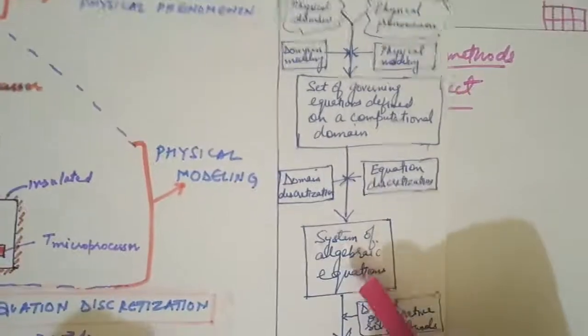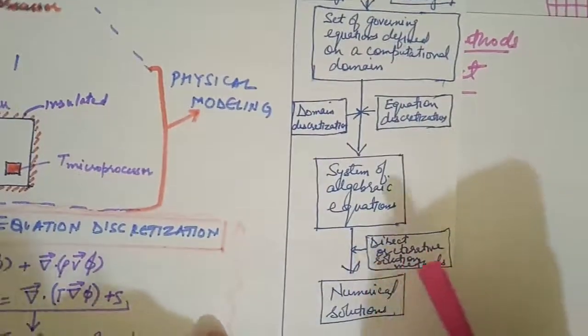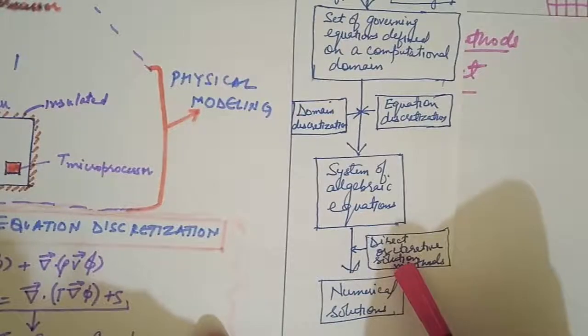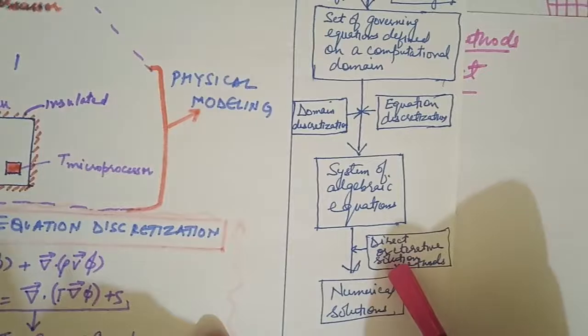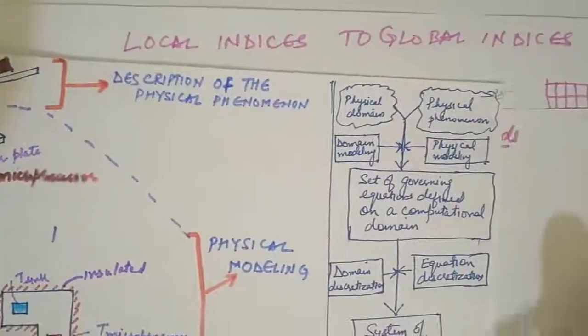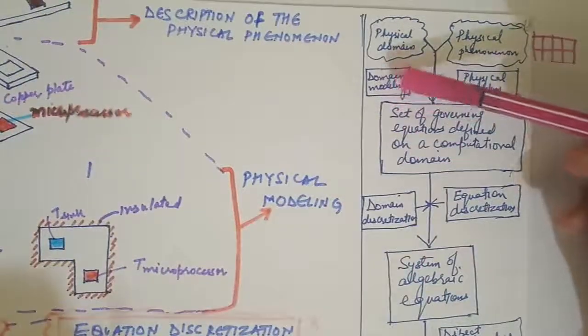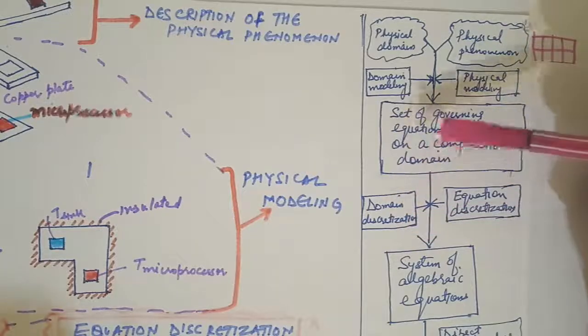This will result in a system of algebraic equations. Then we apply direct or indirect methods to solve the system of algebraic equations, and finally we get the numerical solutions. So in a sense, this is the strategy we follow in nearly all the discretization methods, be it FEM, FDM, or FVM.